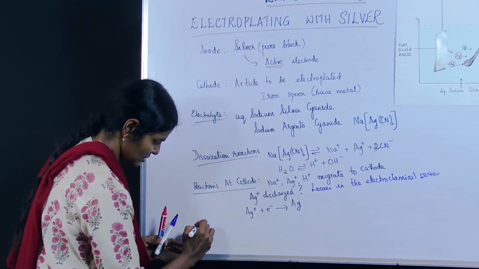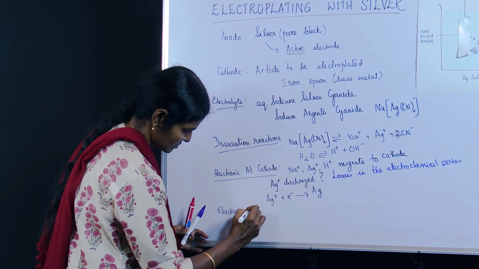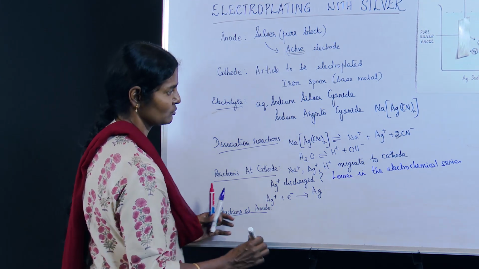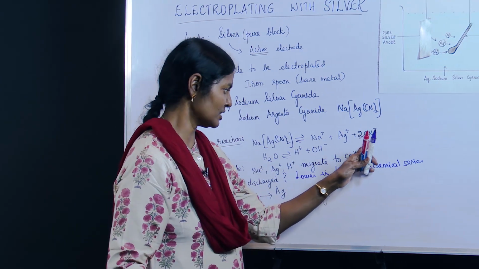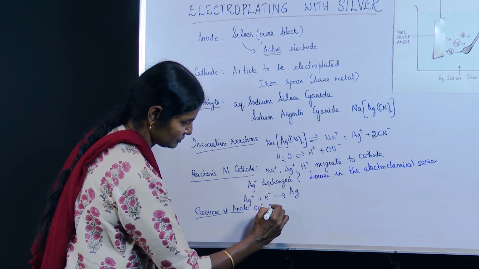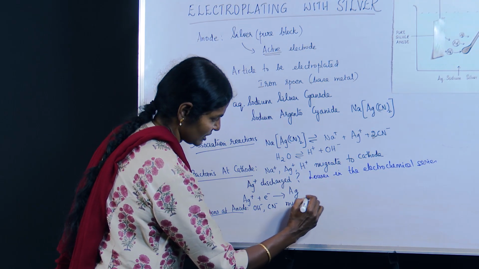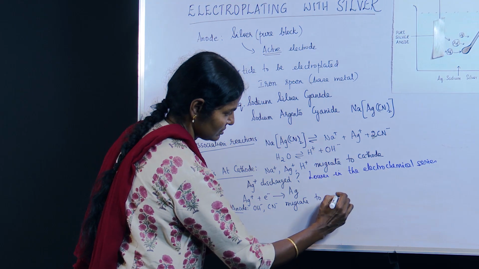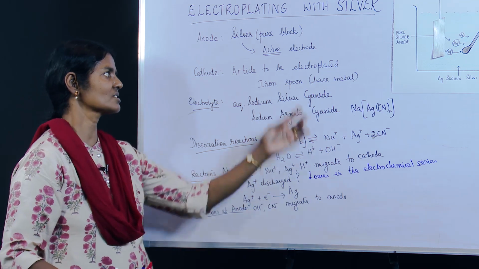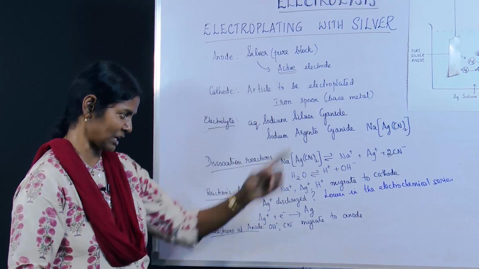Now going to the reactions at the anode. What are the ions that would go? Again we have many things here, cyanide ion and hydroxyl ion. Both of them would migrate to the anode. But we must also remember, even though both are migrating, which one would be discharged? We already have silver, which is an active electrode.